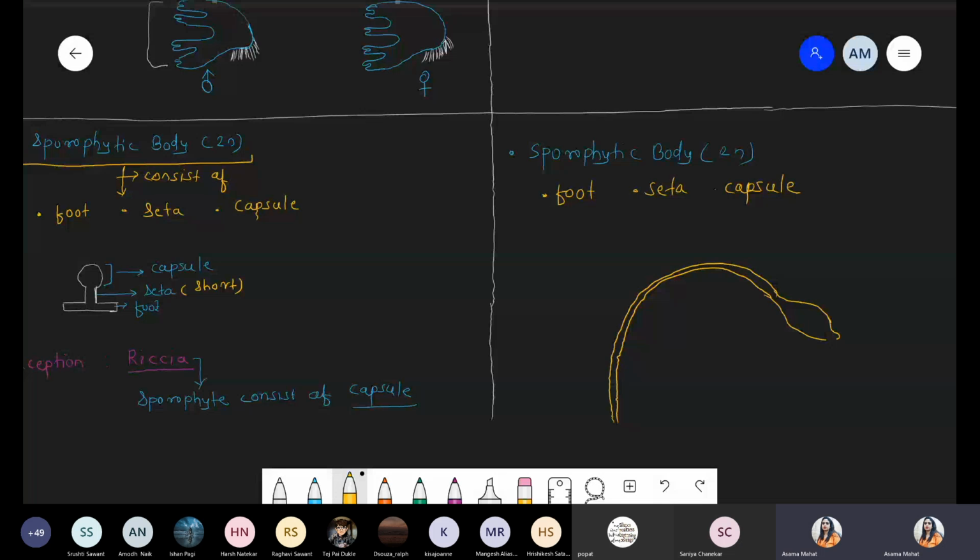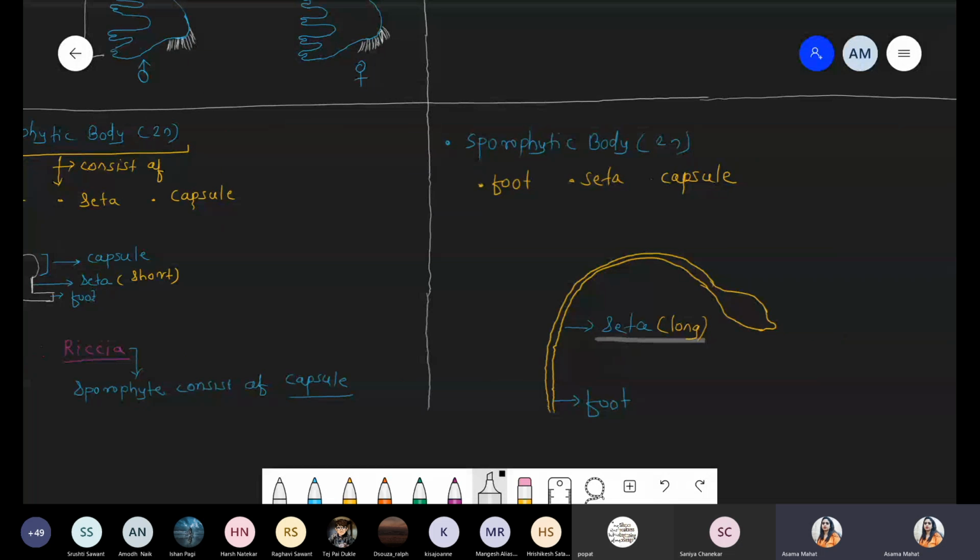The entire middle part is called the seta. And the characteristic feature with respect to mosses is that the seta is comparatively long in size. So this will be long. You can highlight this point, that the seta is long. And this mouth portion, this one, simply is called the capsule.